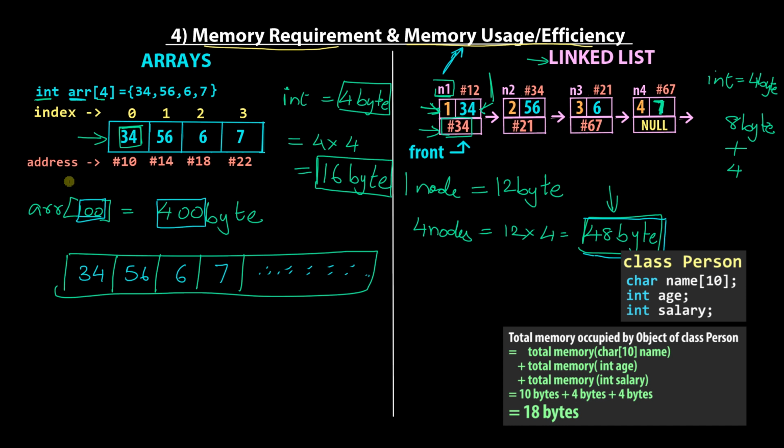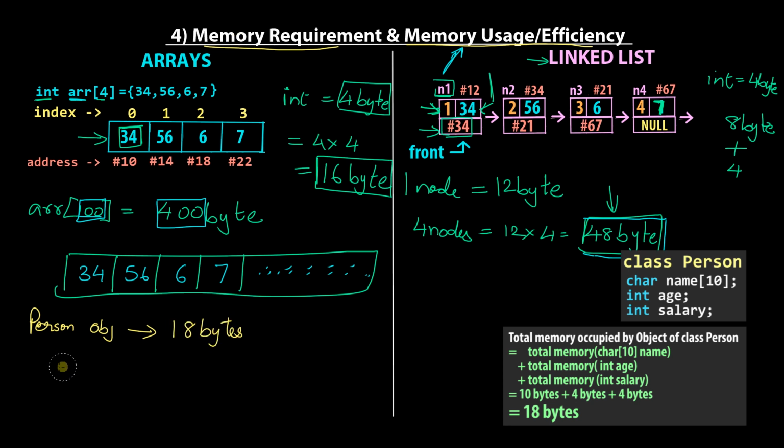So when you create a person object, the size of one person object in memory is 10 bytes of the character array name plus 4 bytes of age plus 4 bytes of salary, which is going to be 18 bytes, right?